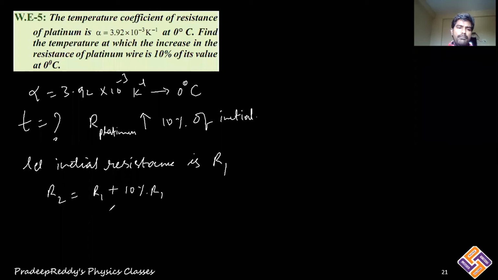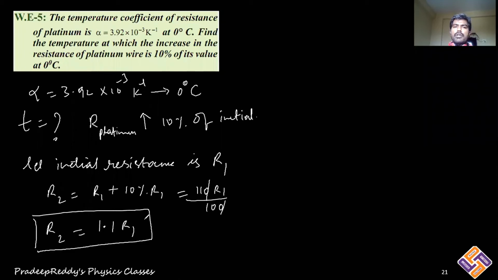That becomes R2. Percentage is 1 by 100, so I can write 10 by 100, and simply R2 is equal to 1.1 R1. So R2 value we have got in terms of R1.